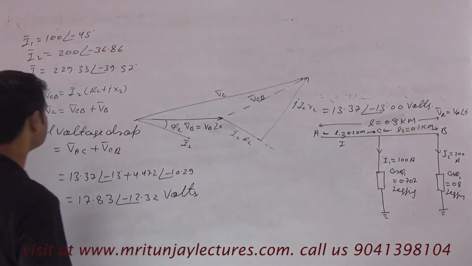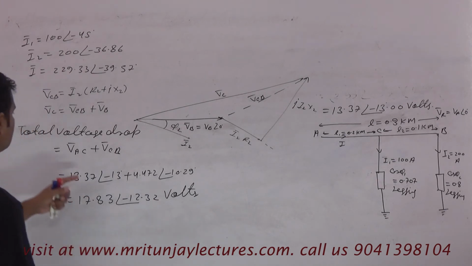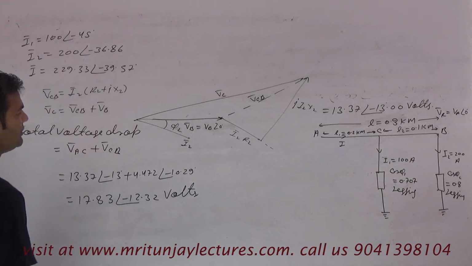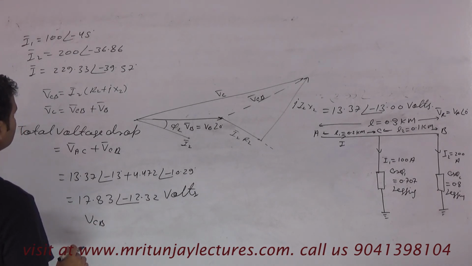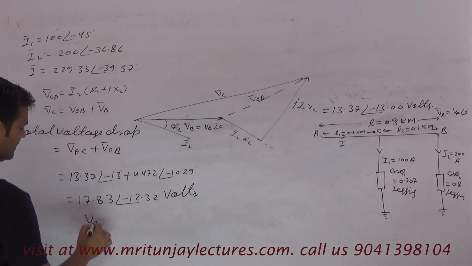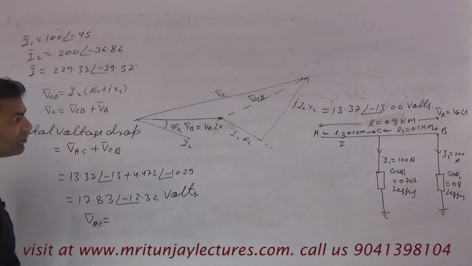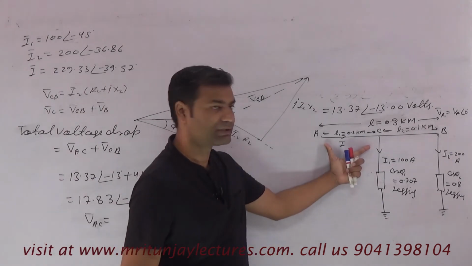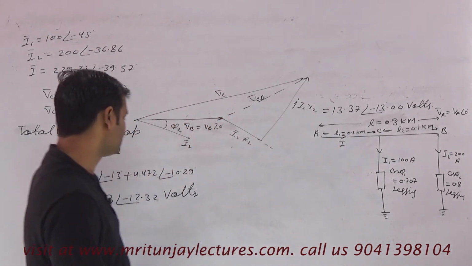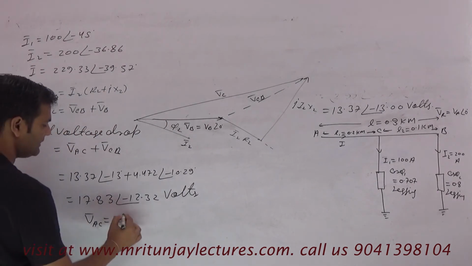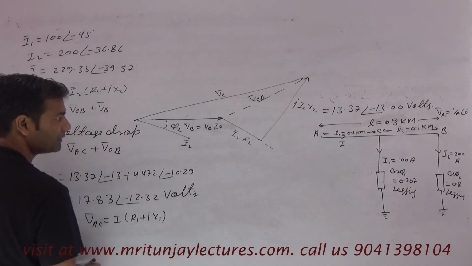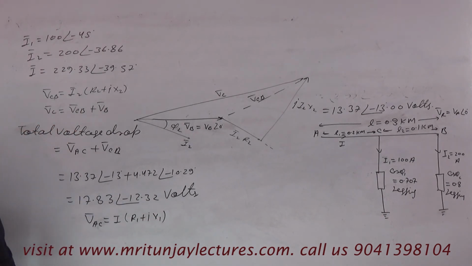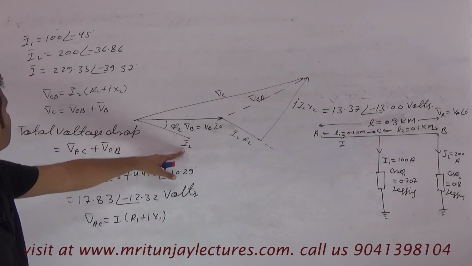Now, once again, what about VCB? VCB is not AC. AC is AC voltage, corresponding to this voltage, that is I into R1 plus JX1. Okay. What about I? I2 represent like this one. What about I1?